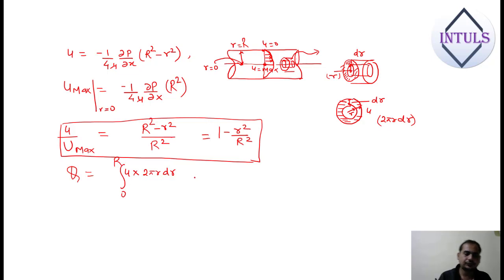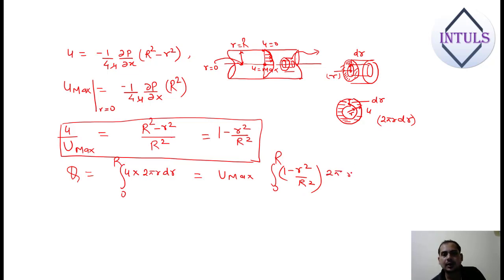And what is u? u is equal to u max, that is a constant. u is equal to u max, times 1 minus small r square by capital R square, and 2 pi r dr.